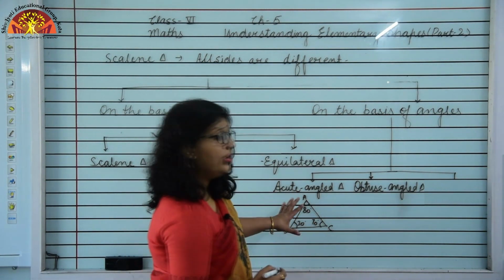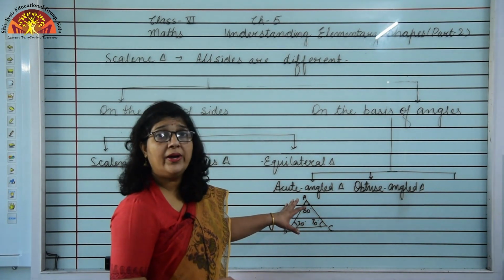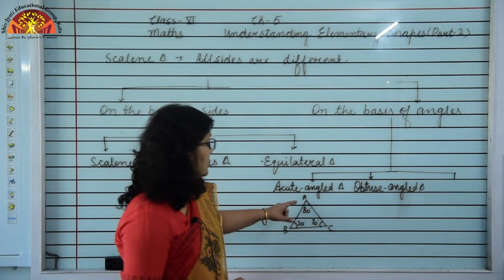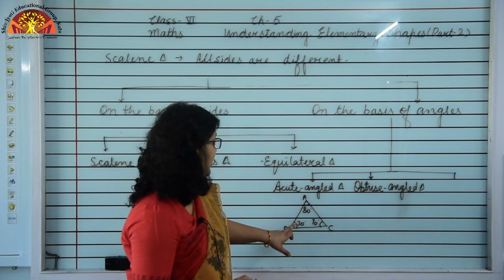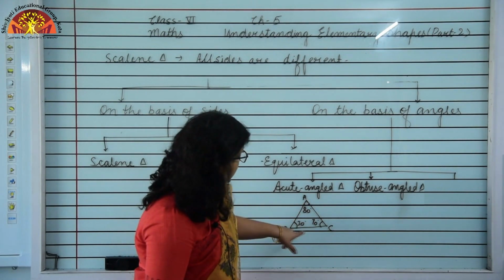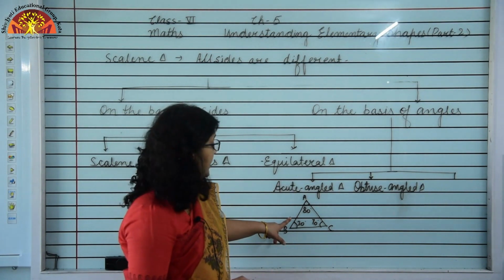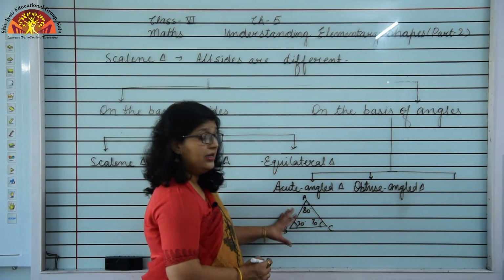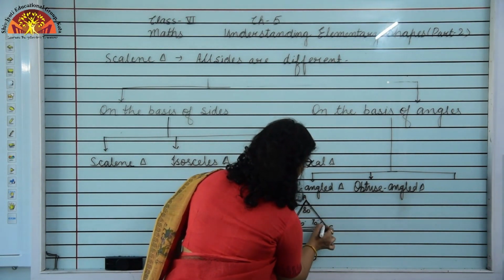You also know the sum of 3 angles in a triangle is 180 degree. So this is 80 plus 70, 150 plus 30, 180. So the sum of 3 angles is 180 and all angles are acute. So this is called an acute angle triangle.